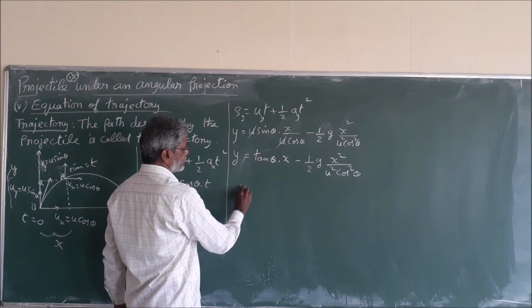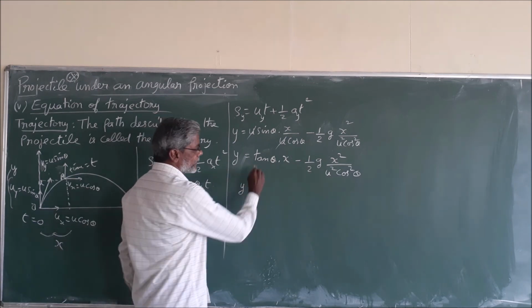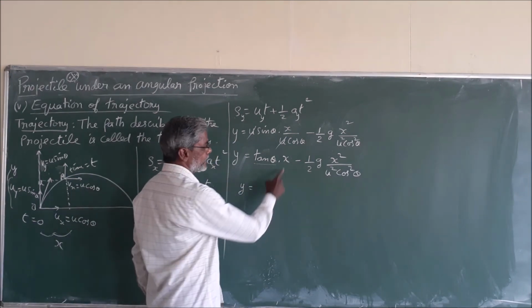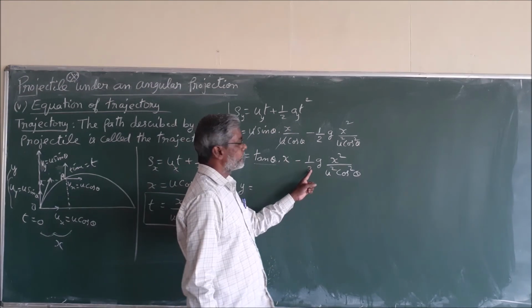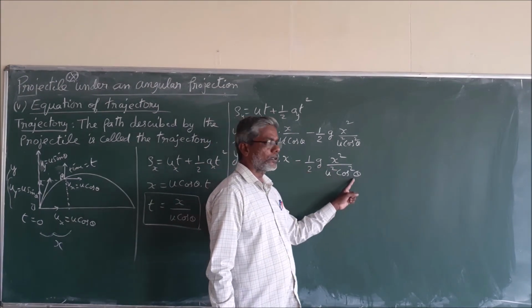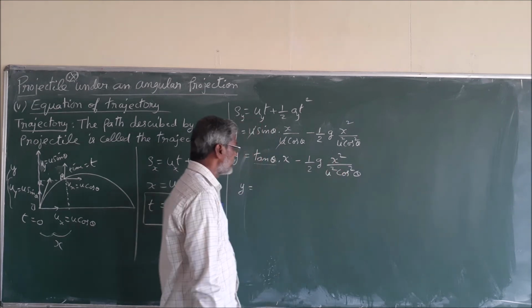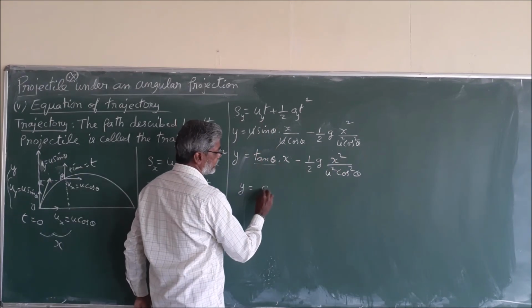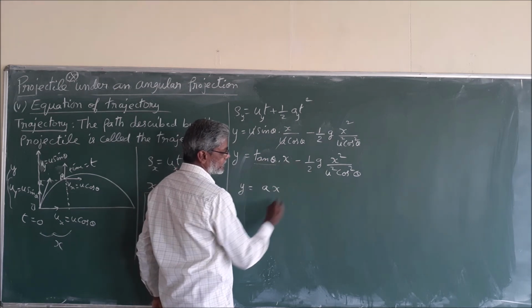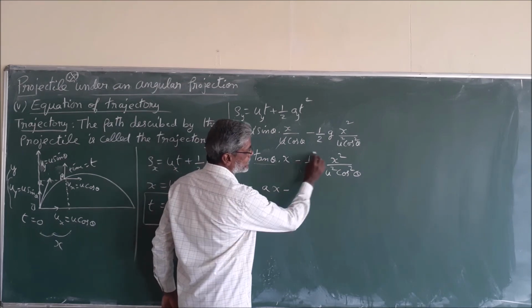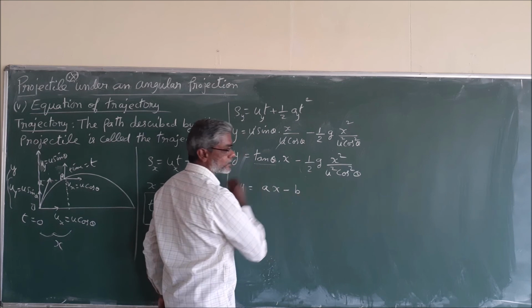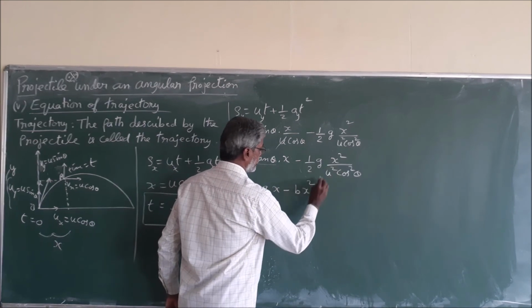In this equation, tan theta is constant, x is variable, g by u square cos square theta is constant, and x square is variable. So I can write this constant tan theta as a, and this one is x, and minus sign. This constant I write as b, and x square.